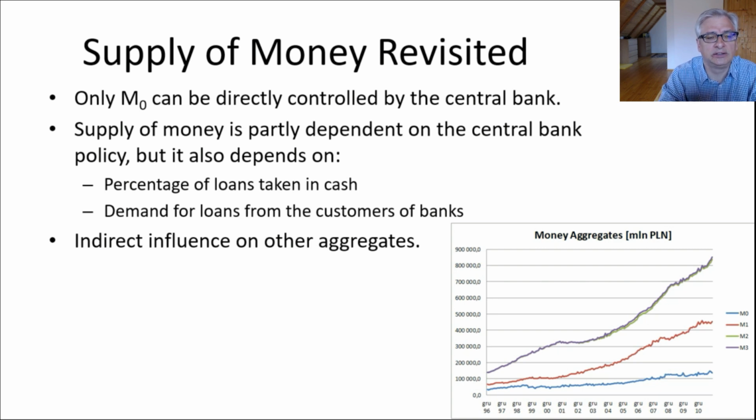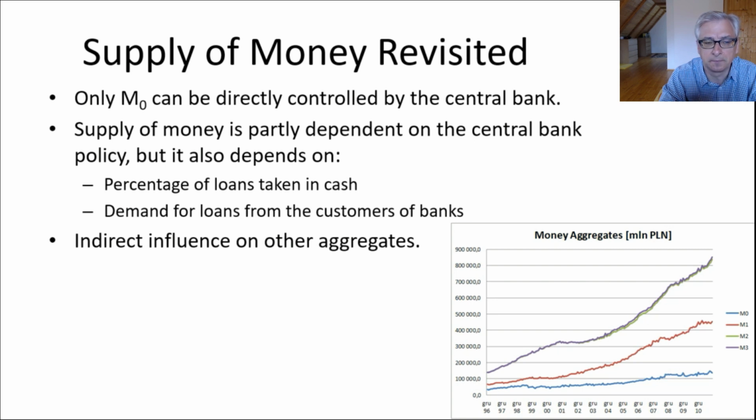We have already discussed the supply of money, but now it's time to have another look at that. To what extent can money supply be controlled by the central bank? Obviously, part of it can be very directly controlled by the central bank. This is M0, this blue line at the bottom of the graph.